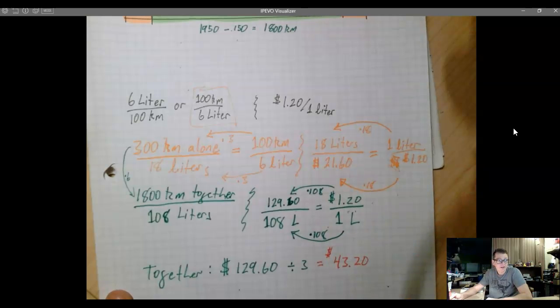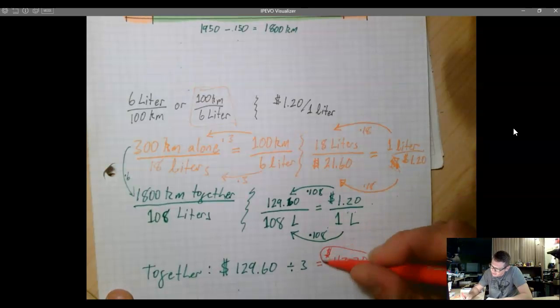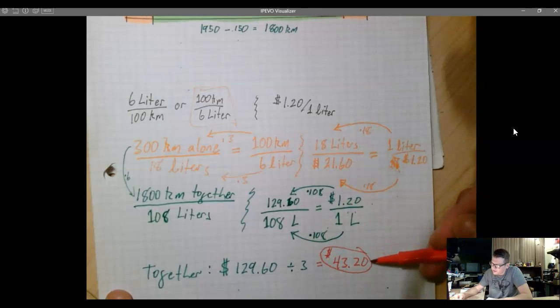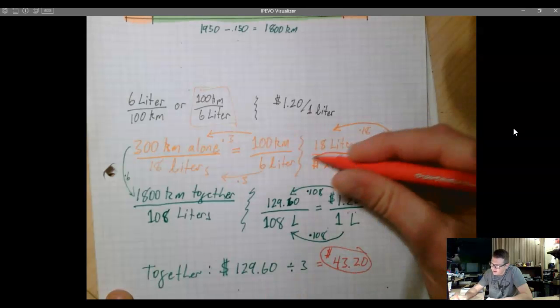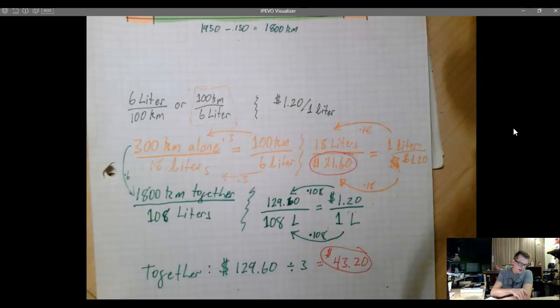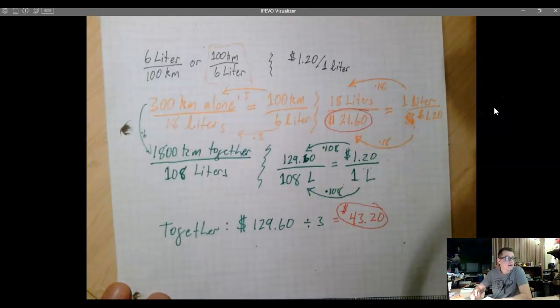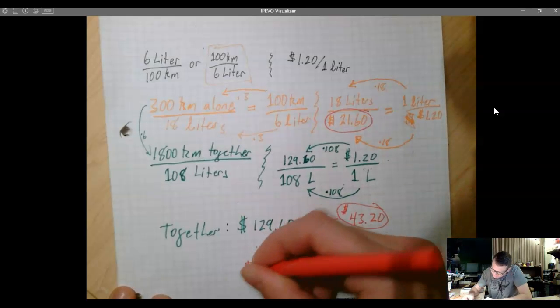So then, to figure out what Sahish paid alone, we take our $43.20 that he paid when split up the middle part of the trip, and our $21.60 that he had from the other parts of the trip, the beginning and the end. We add those together, and our final answer here would be $64.80.